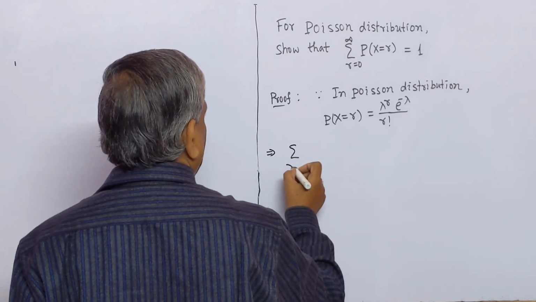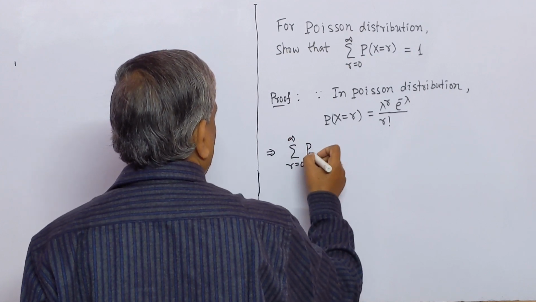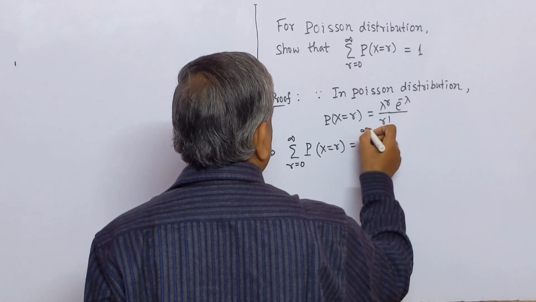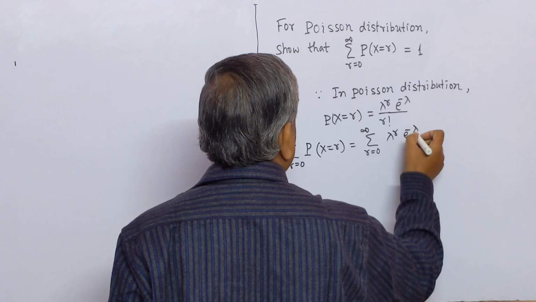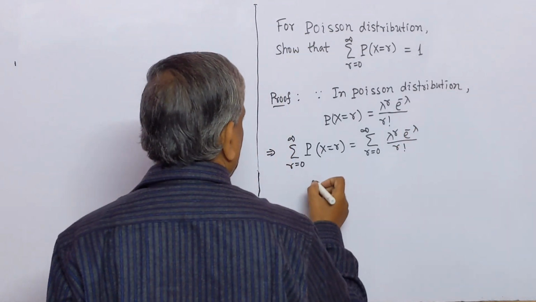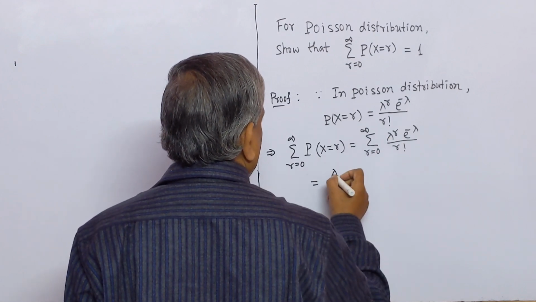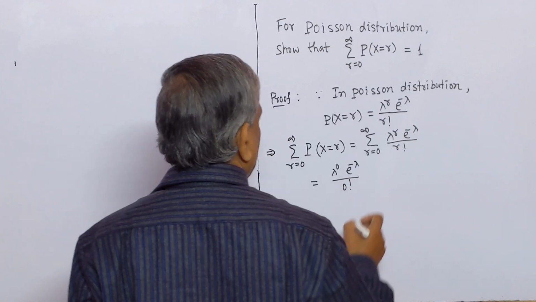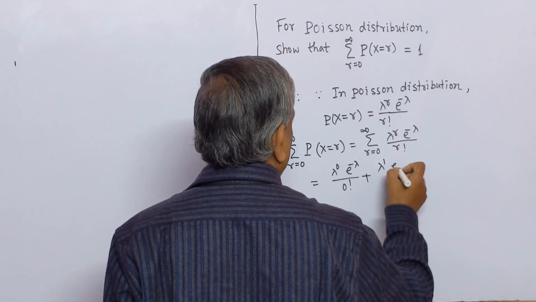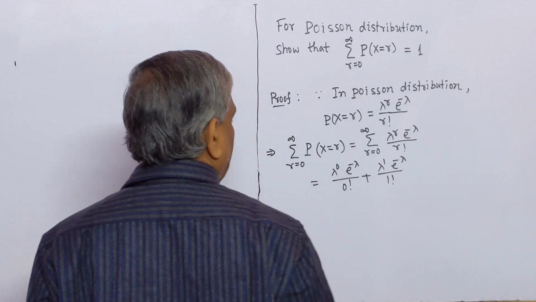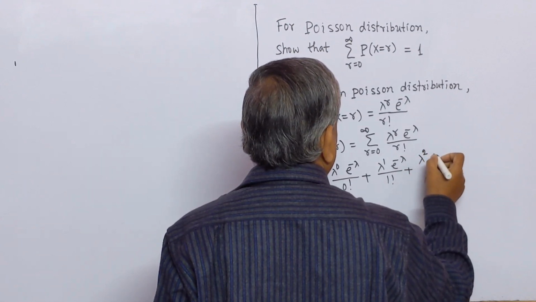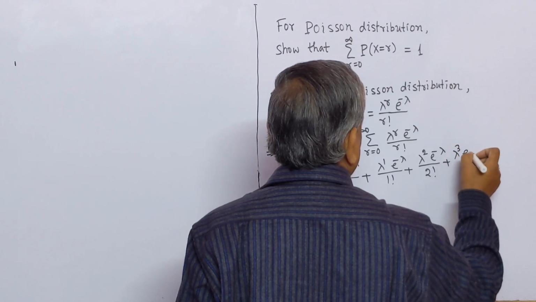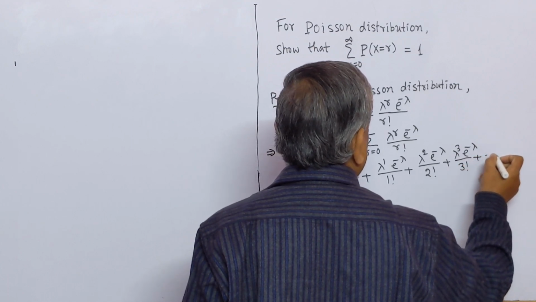Implies that the sum over r equal to 0 to infinity of P(X = r) equals the sum over r equal to 0 to infinity of lambda to the power r e to the power minus lambda by factorial r, and this will be equal to, for r equal to 0, lambda to the power 0 e to the power minus lambda by factorial 0, plus lambda to the power 1 e to the power minus lambda by factorial 1, plus lambda square e to the power minus lambda by factorial 2, plus lambda cube e to the power minus lambda by factorial 3, plus and so on.